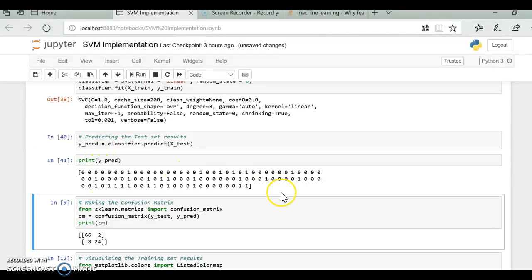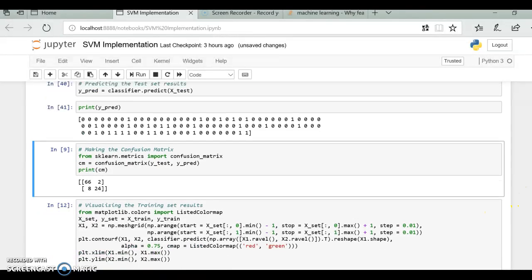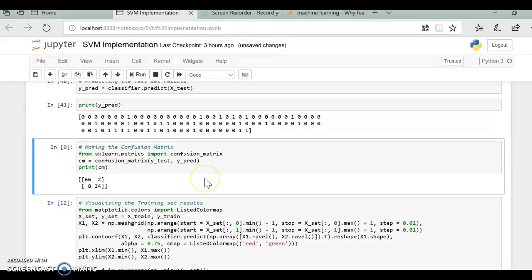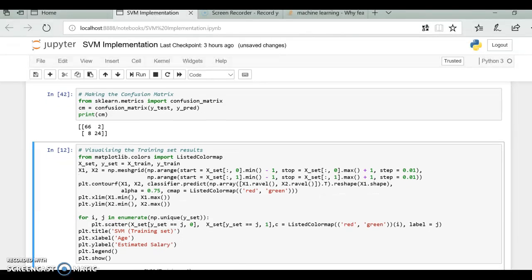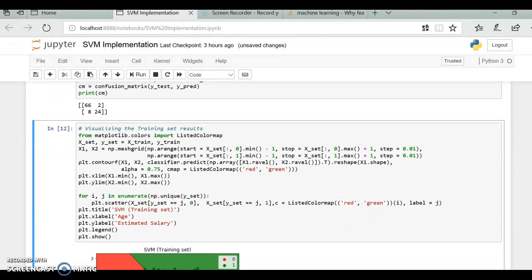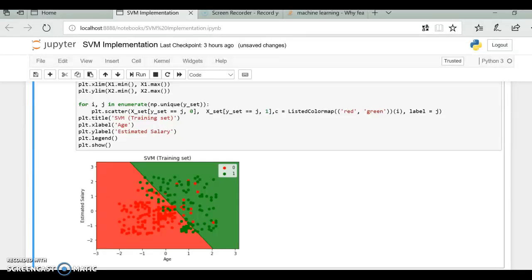As you see here, we have the data, and I did a cross comparison to make a confusion matrix here. Accuracy in this model is pretty high. Further, I also wanted to plot to visualize how this looks. Based on the age and the estimated salary, what is the result we are getting?